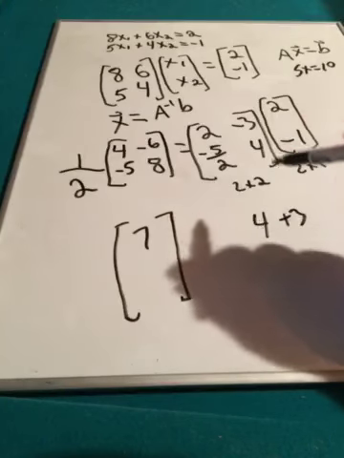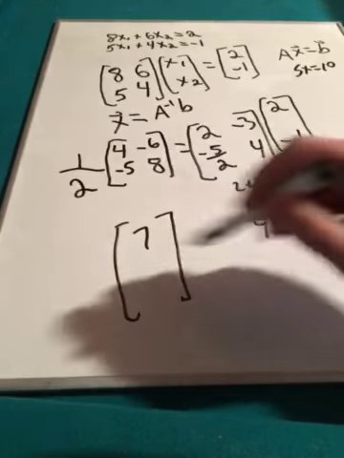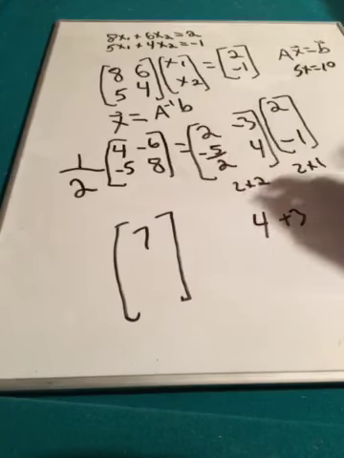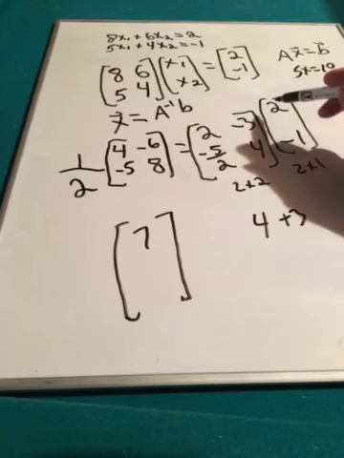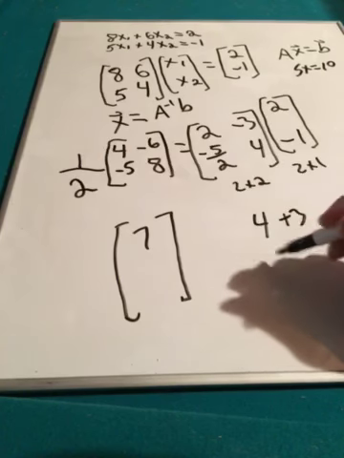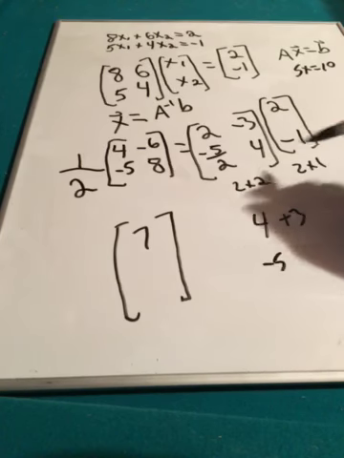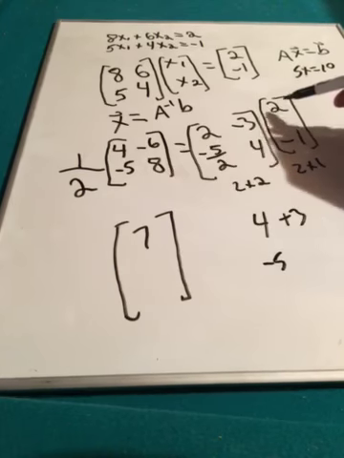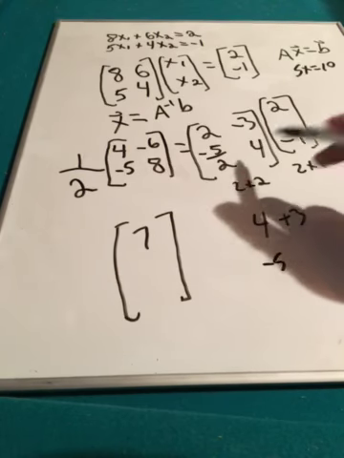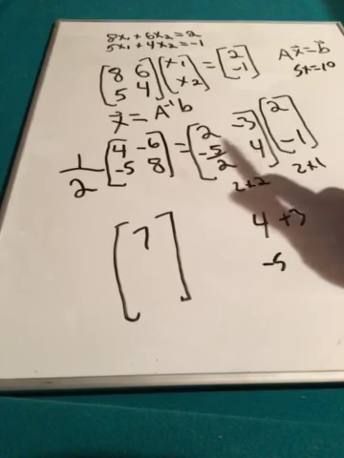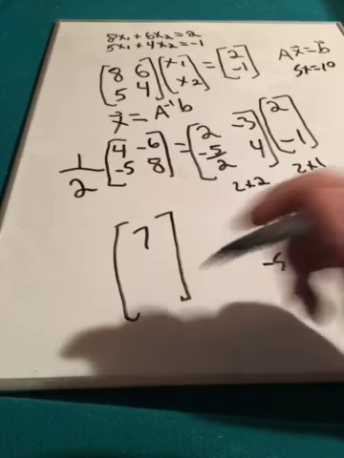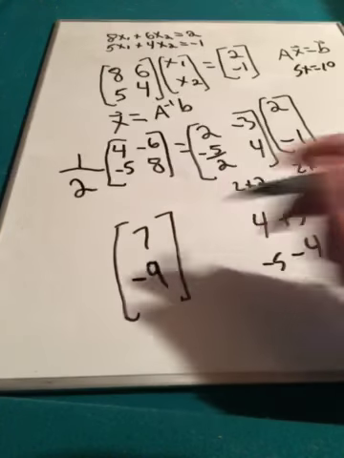Okay, and then what is our second entry? Well, that's the second row times the column. So minus 5 halves times 2 is minus 5, and then 4 times minus 1 is minus 4, so minus 5 minus 4 is minus 9.